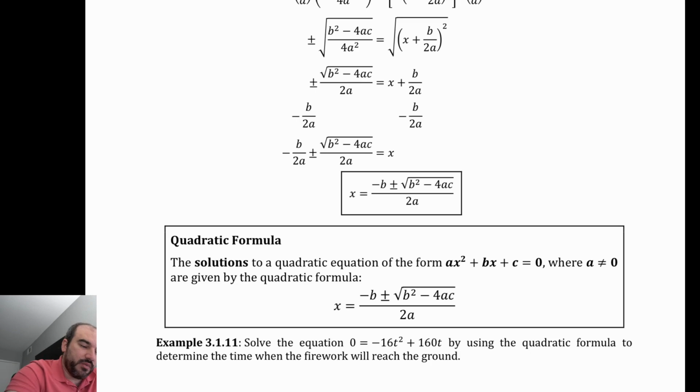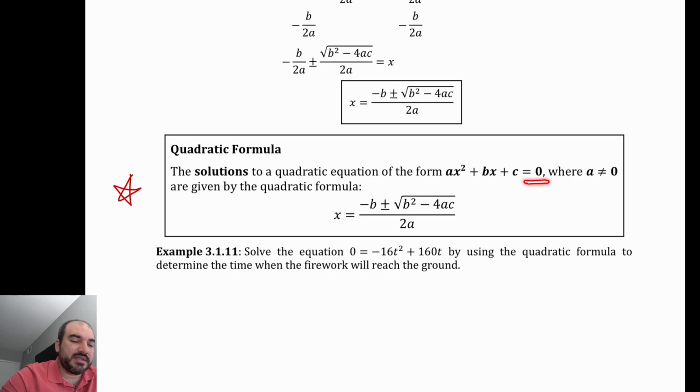But essentially, what you need to be concerned with is knowing the quadratic formula in that box and knowing how to use it if you have a quadratic equation given to you where it's equal to 0. It does have to be equal to 0 for this equation to work. So your a, b, and c have to be in this form: ax squared plus bx plus c equals 0. And then you can just plug in your a, b, and c into this formula to find what x is going to equal.